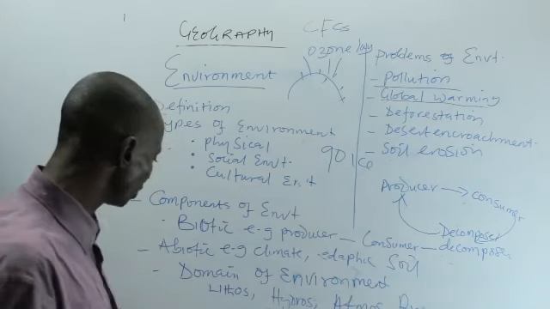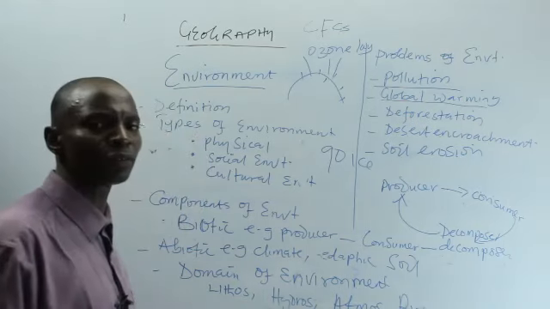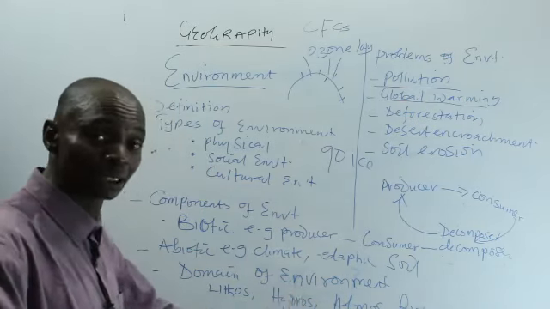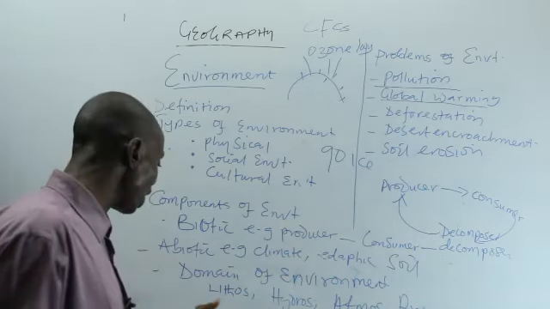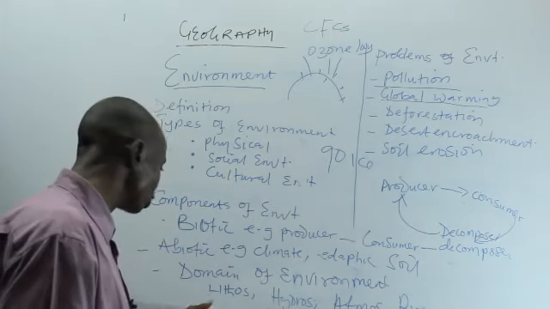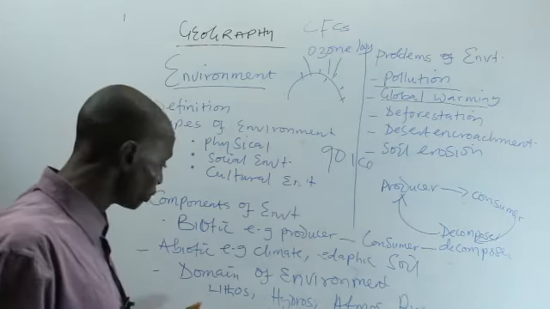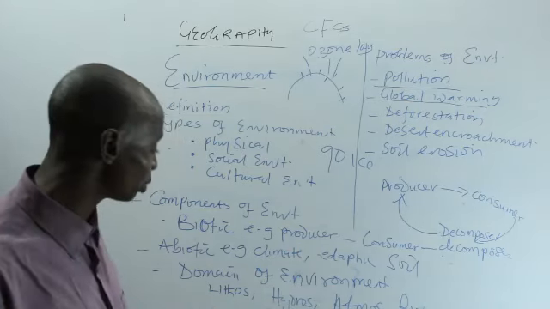I did say that when you are talking about importance, what are the importance of lithosphere to man? Lithosphere is the solid portion of the earth where activities take place, where farming takes place, where cultivation takes place. So building takes place on the lithosphere. So you can give us that one as one of the importance of environment.